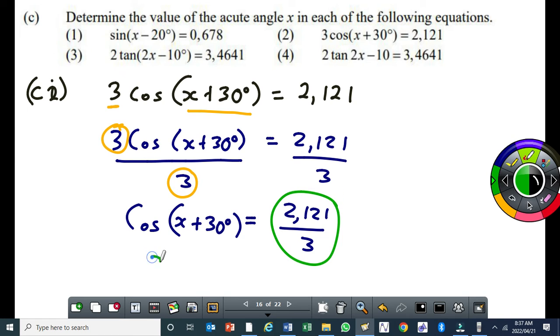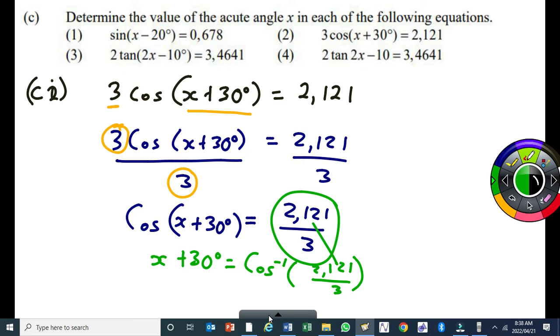So you end up having x plus 30 degrees is equal to shift cos of this fraction, 2,121 over 3. Following that, from here, you need to find what is shift cos of that fraction.